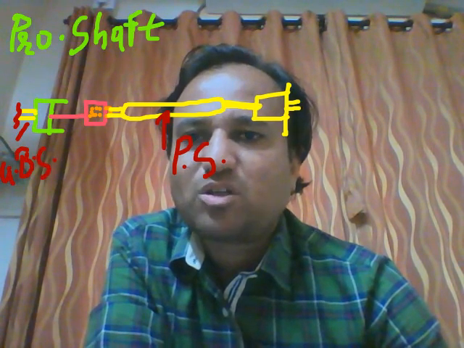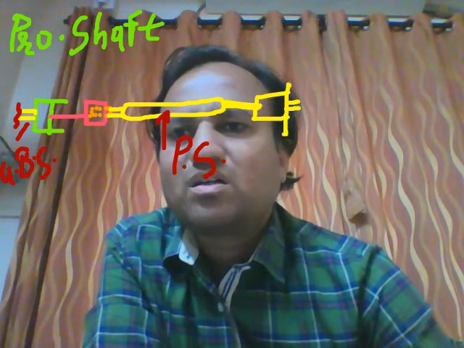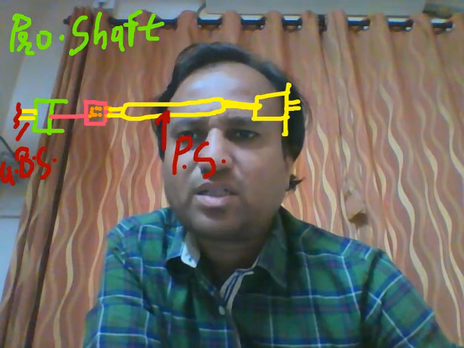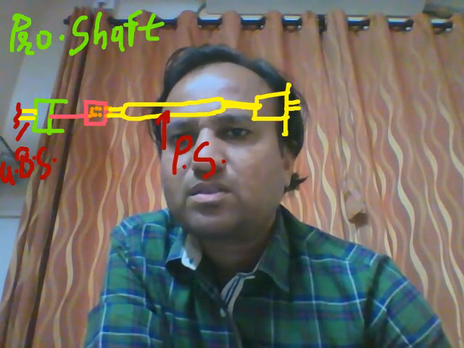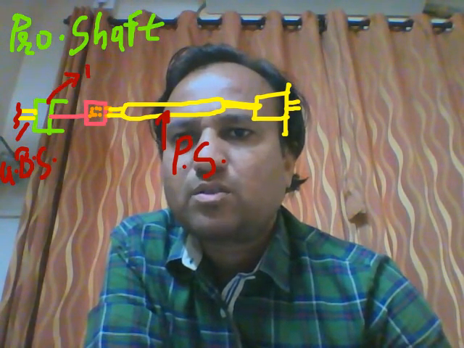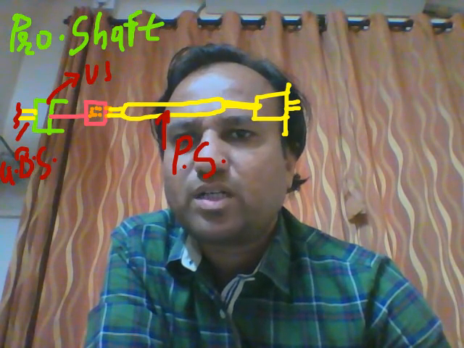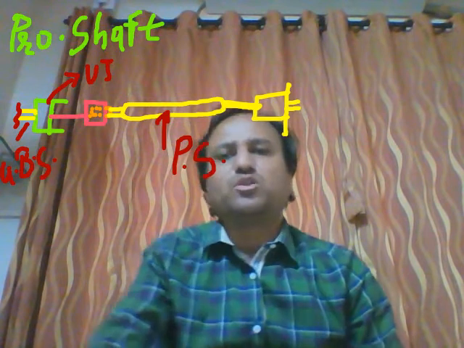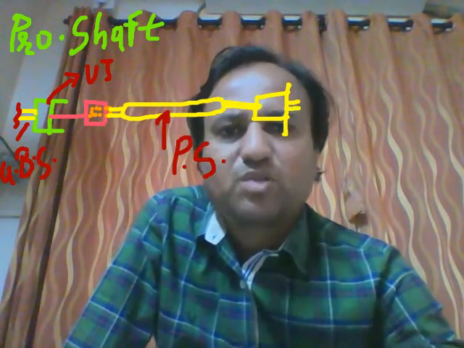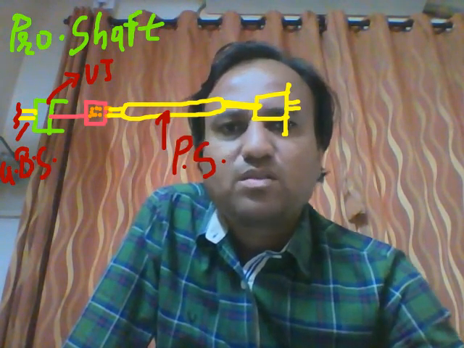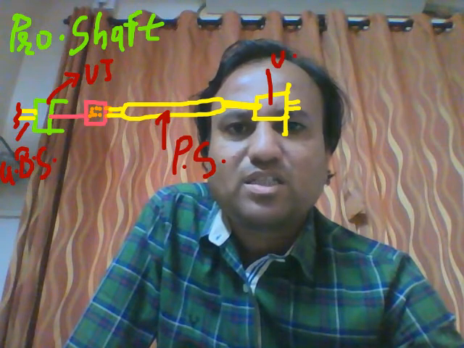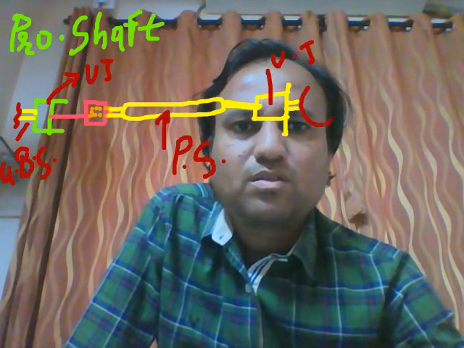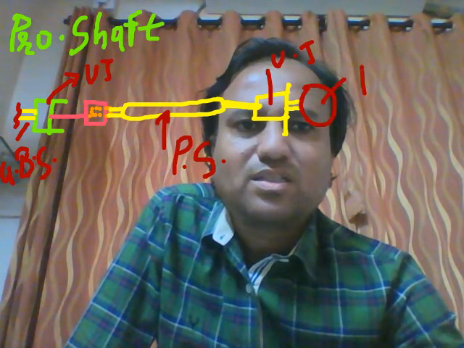GBS is the gearbox shaft, the main shaft of the gearbox, and it is connected to the propeller shaft via universal joint. UJ is the universal joint. After the discussion of the propeller shaft, we will discuss the different types of universal joint and the function of universal joint, student. Again, this is the universal joint, and this is the differential.